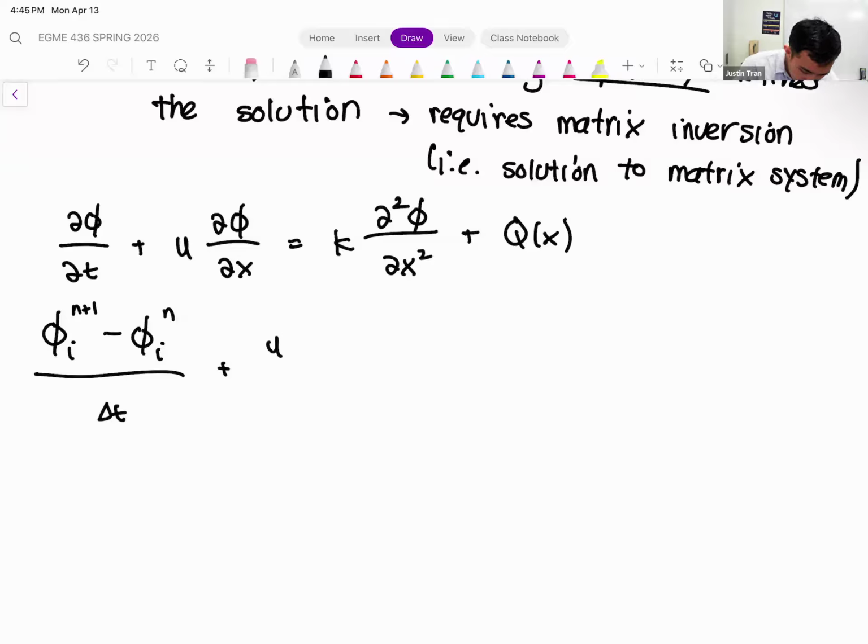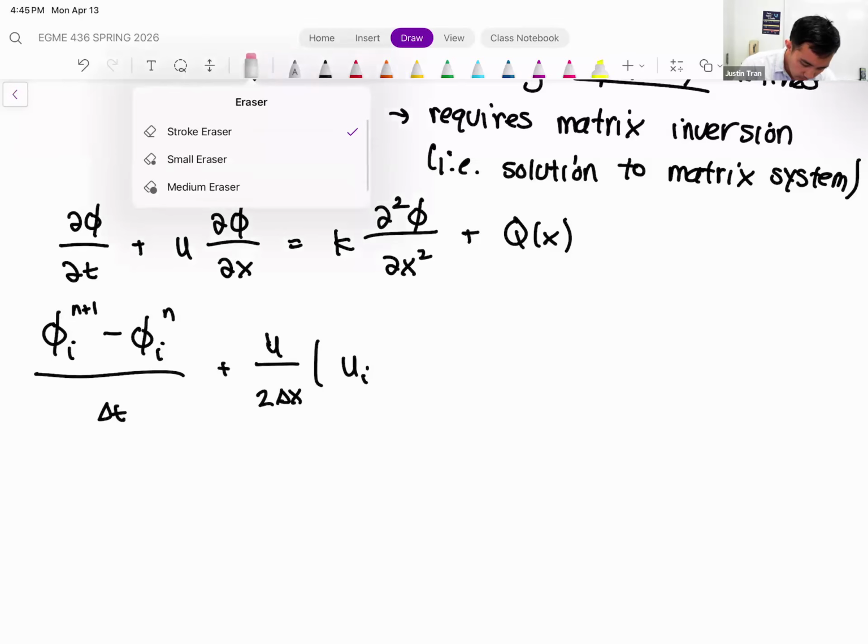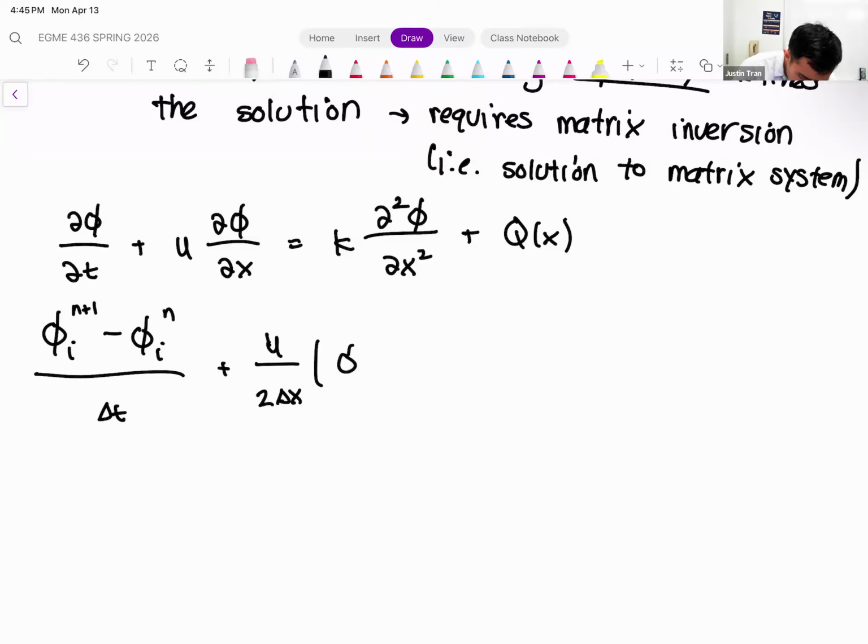We have u, and we're just going to use a very simple central difference. So you have u divided by 2 delta x, phi I plus 1, excuse me, I was thinking about Navier-Stokes, phi I plus 1 minus phi I minus 1, is equal to.